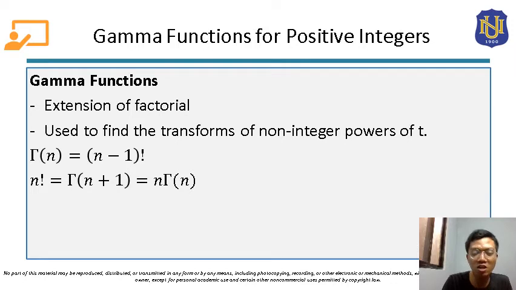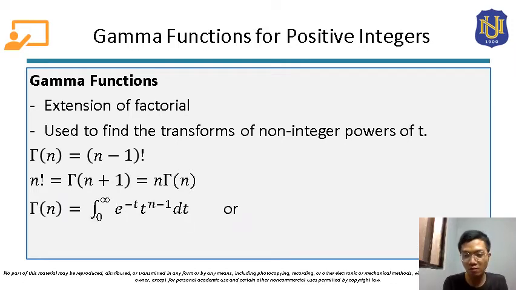From here, we will use this formula to solve for gamma of any positive integer. Integer means a whole number. The gamma of n is actually equal to the integral of e raised to negative t times t raised to n minus 1 dt, from 0 to infinity, wherein n is the given n.